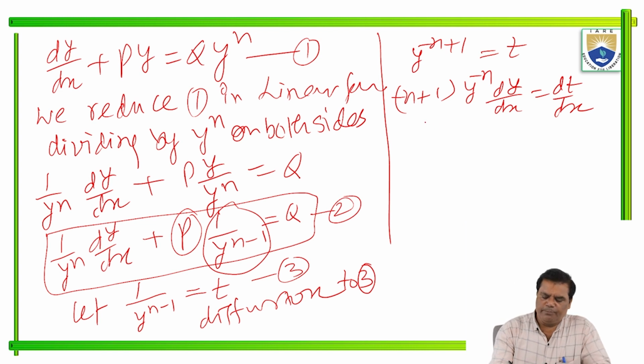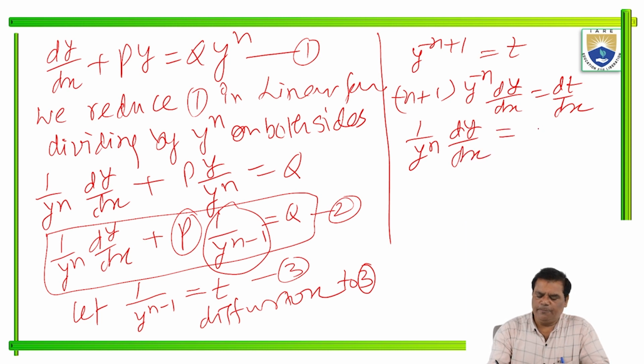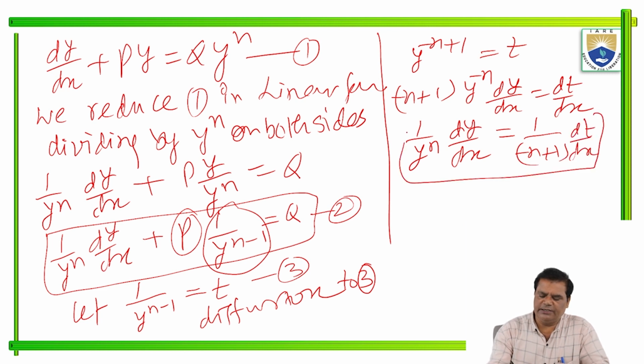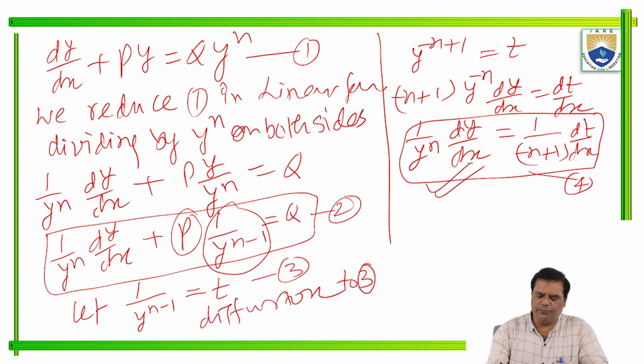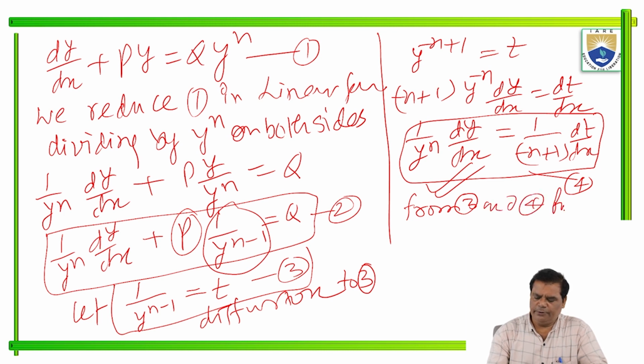So now 1 upon y to the power n dy/dx is equal to 1 upon minus n plus 1 times dt/dx. This result is equation 4. From 3 and 4, putting into equation 2.